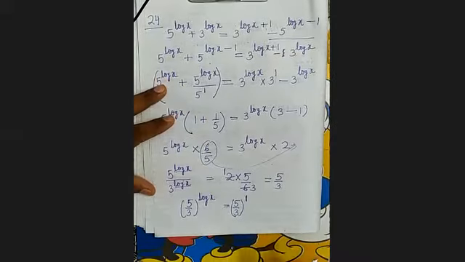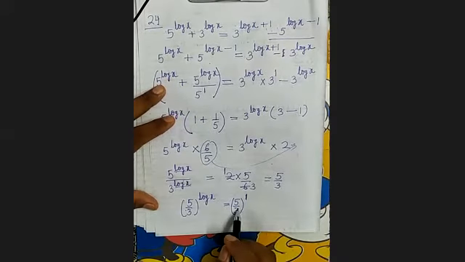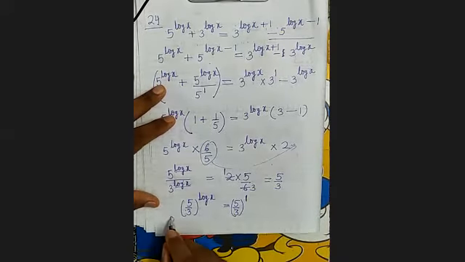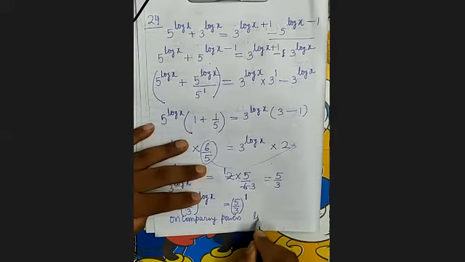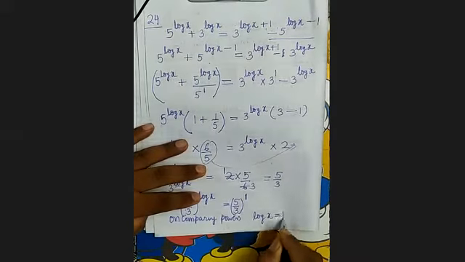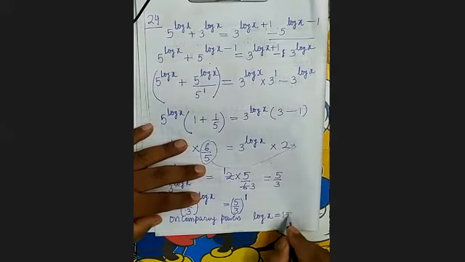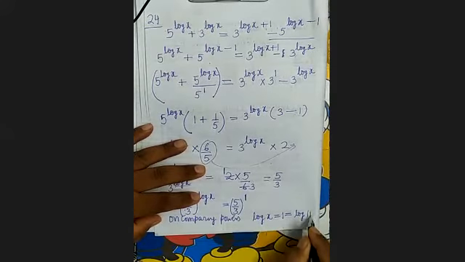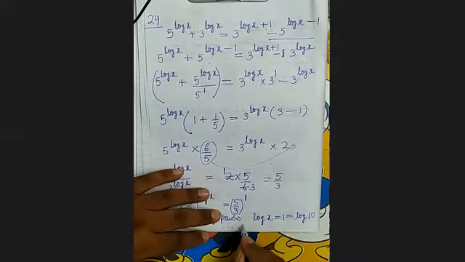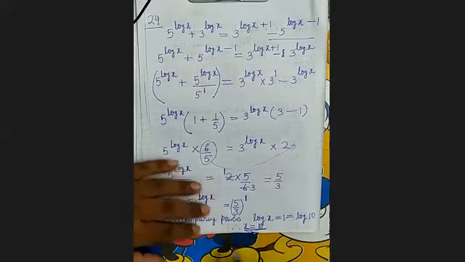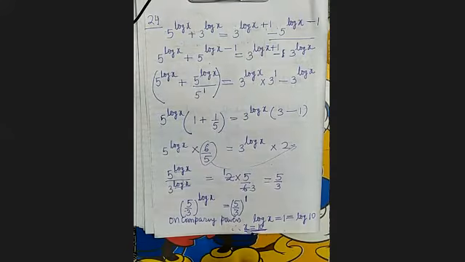Now you can see here, since the bases are same, therefore on comparing the powers, log x equals 1, and 1 can be written in logarithmic form as log 10. Therefore, x equals 10. Have you understood? x equals 10. This is the answer.